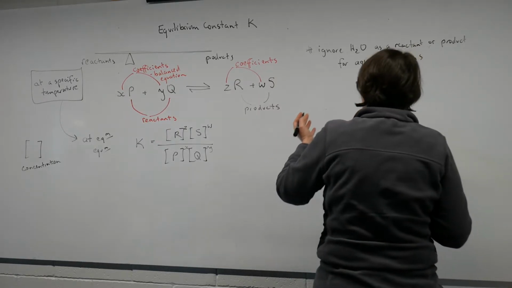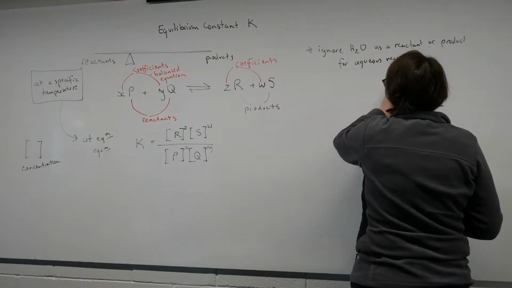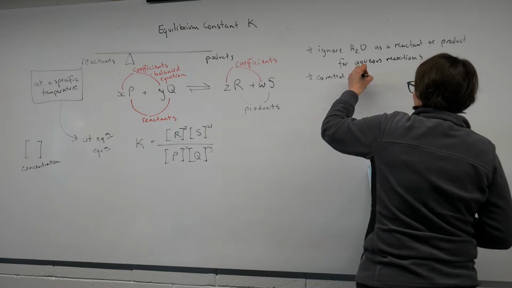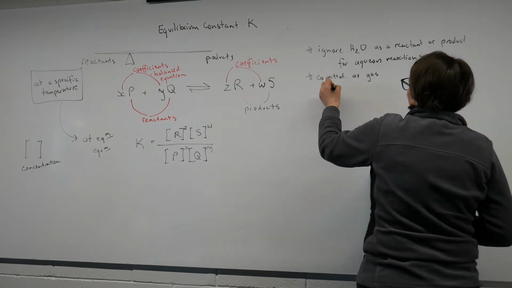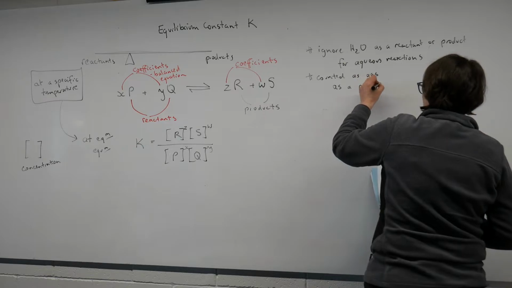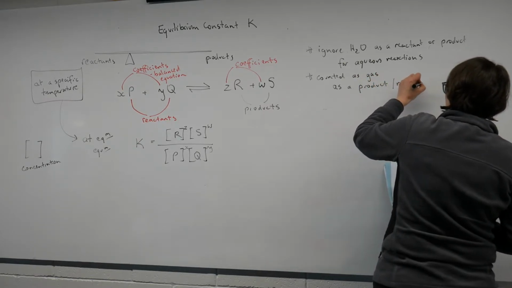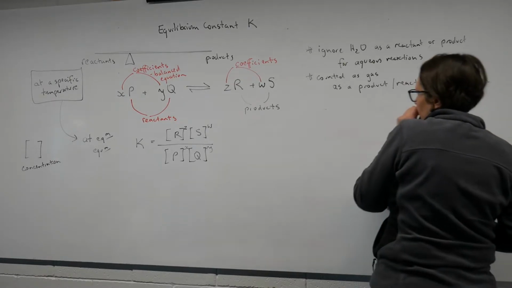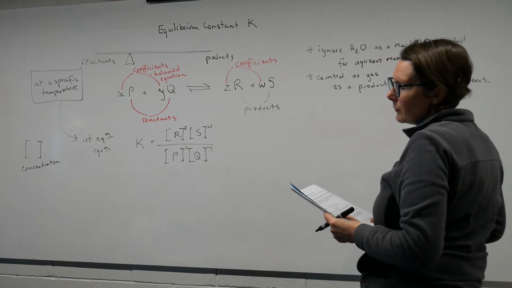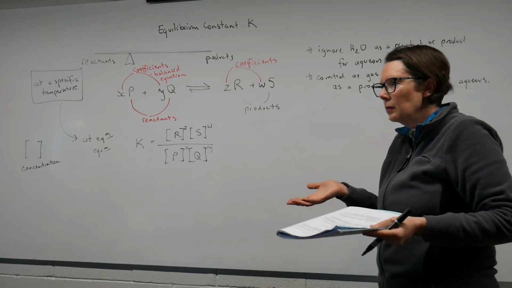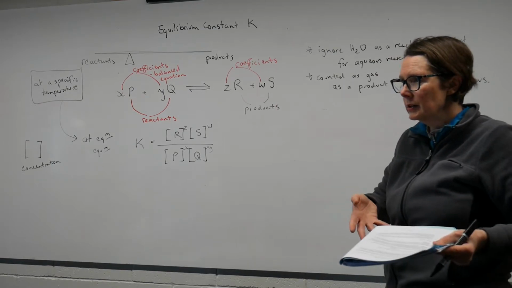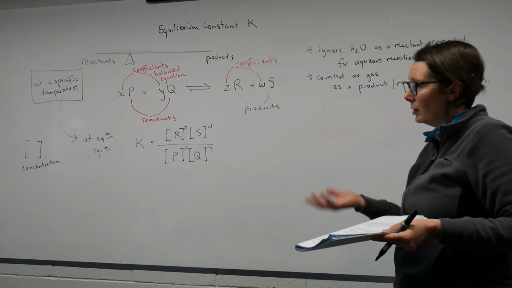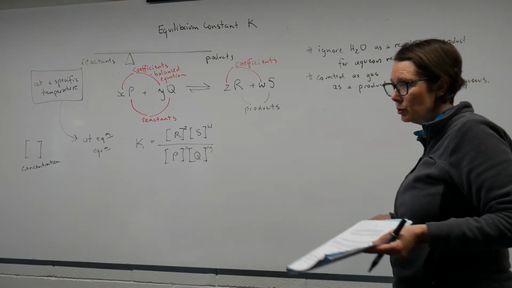It doesn't matter if it's in aqueous solution, but we count it for a gas, as a product or reactant, that is not aqueous. For example, we know that we can form an alcohol if we react an alkene with steam. In that case, we would need to include the water.